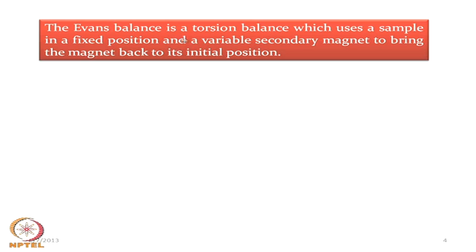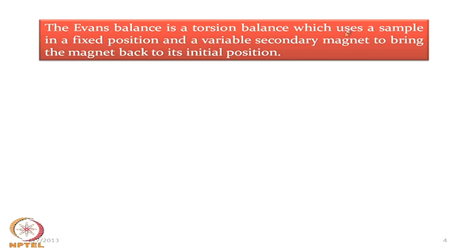In this technique the balance is a torsion balance, not a simple single pan balance from good companies like Mettler and others, which is very useful to measure weight change up to the 4th or 5th decimal place. In this torsion balance, the sample is placed in a fixed position and a variable secondary magnet is utilized to bring the magnet back to its initial position.